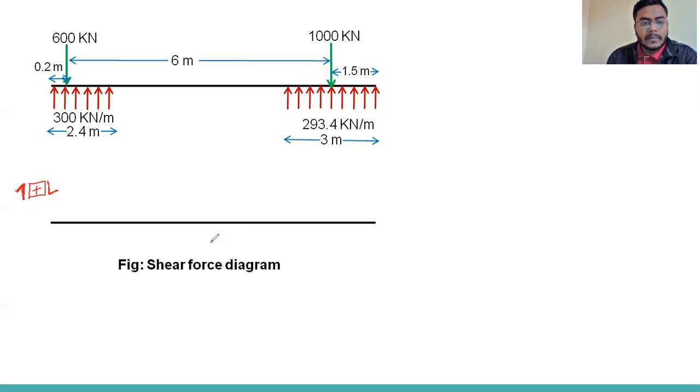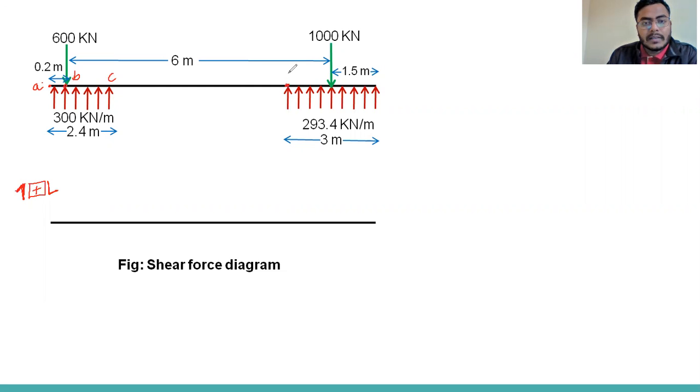Okay, so let's look at some points. This point is A, this point is B, and this point is C. B is just below this concentrated load, C is the end of this UDL.